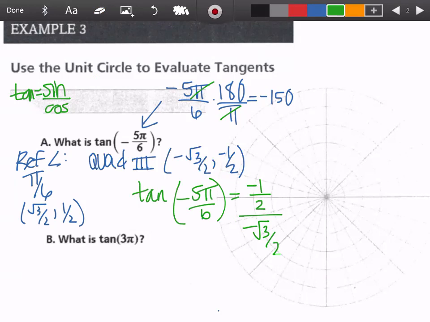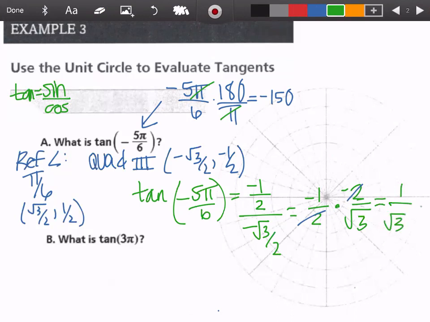So sine over cosine is y over x. And now we need to remember how to divide fractions. We keep the first fraction and then we multiply and flip the second fraction. The 2's will cancel. You have a negative times a negative. That makes a positive. You have 1 over root 3.